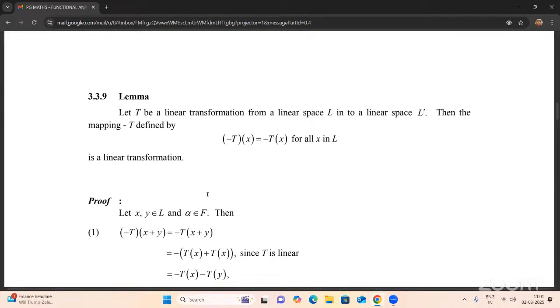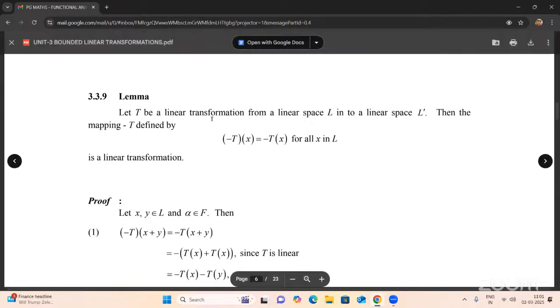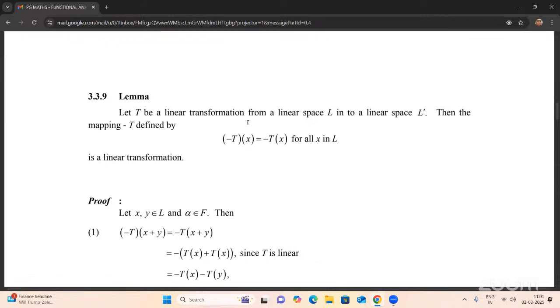Image means T of X is the image. So the image of the inverse equals the inverse of the image, which is also a linear transformation.